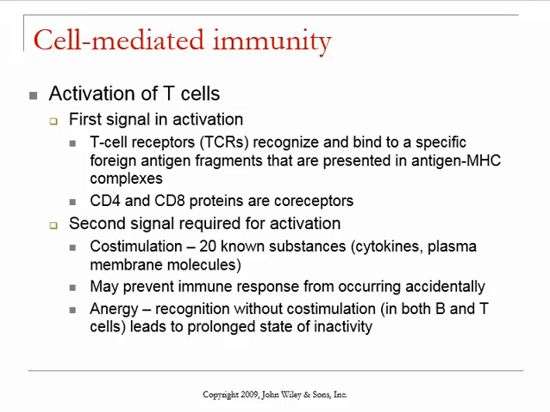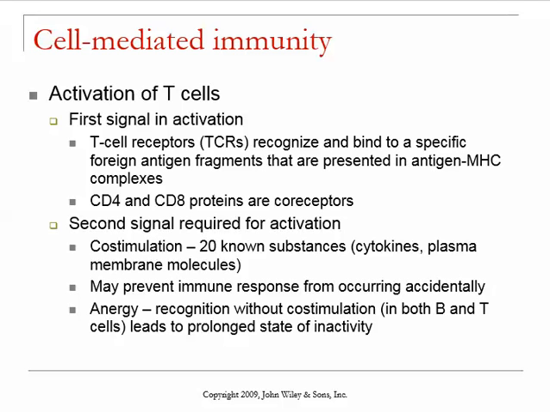So in order to activate a T cell, what they basically need is they need to be co-stimulated. They need to be stimulated twice. And when the two stimulations come, when the two signals come, then they get activated.